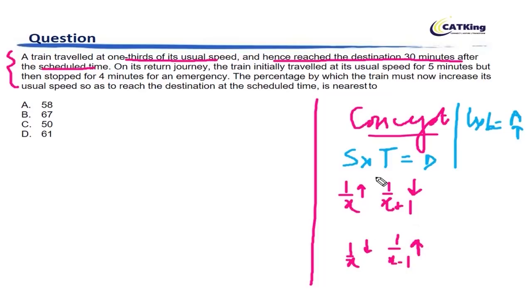The example is very, very simple. Let's say the speed of a vehicle is 40 kilometers per hour and it takes 30 hours.